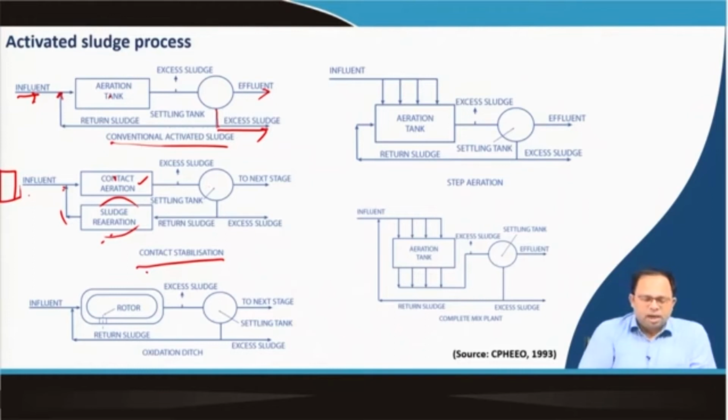Next, we have the oxidation ditch. In the oxidation ditch, you can see that this is the oxidation tank. I will talk about oxidation tanks after this. In oxidation tanks, we allow the sewage to be on an earthen basin, where you can allow it to mix with the air in the atmosphere, and then aerobic bacteria can act on the upper surfaces, and anaerobic bacteria can act at the lower surfaces.